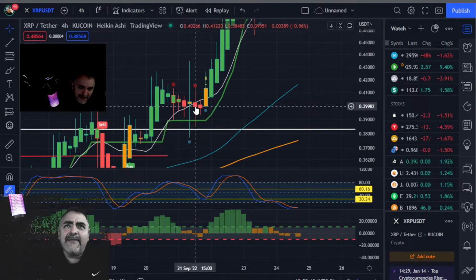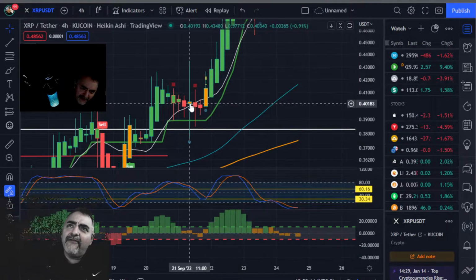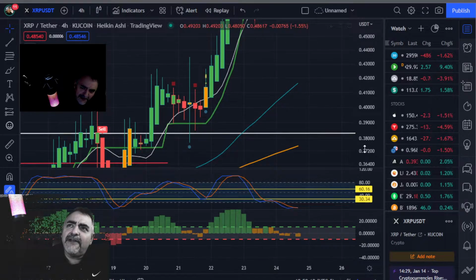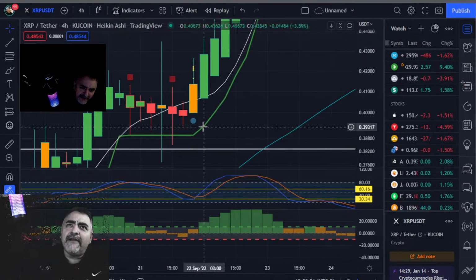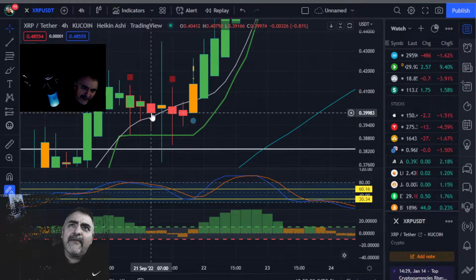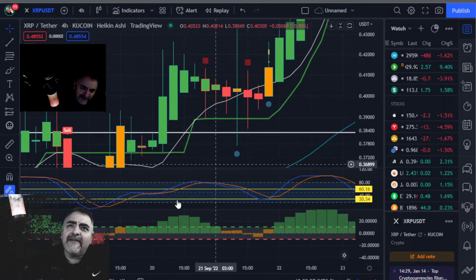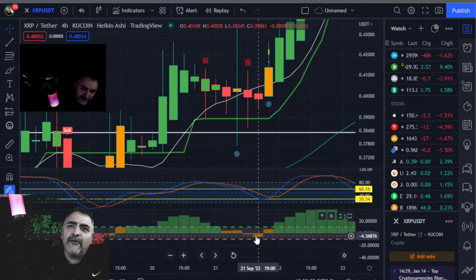And then by the time that it falls below the 10 moving average, the 10 moving average is still pushing up. Like, you see the direction of the 10 moving average? So that moving up right there, that 10 moving average moving up, means that we still have upward pressure, right? So we're not going to sell even though we see one of these yellows go down.